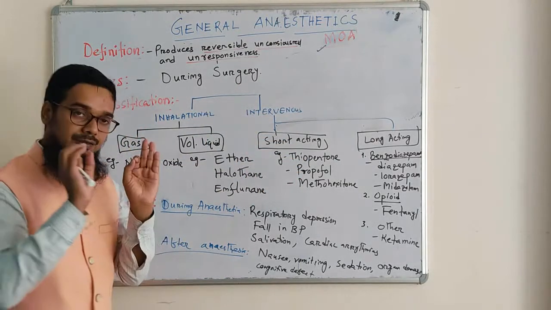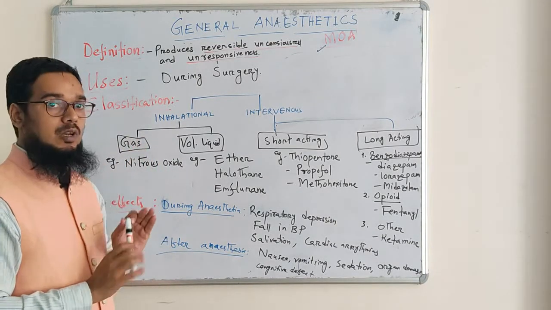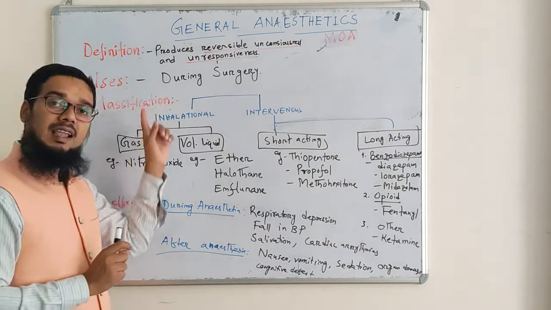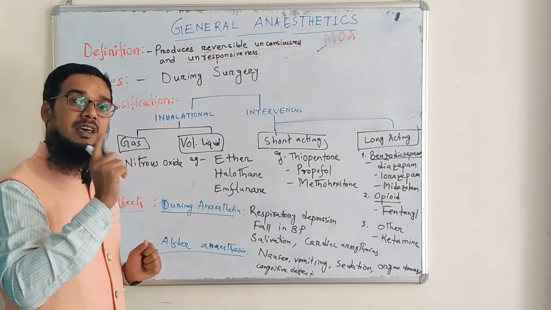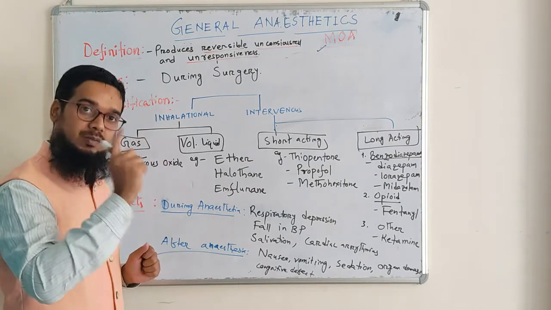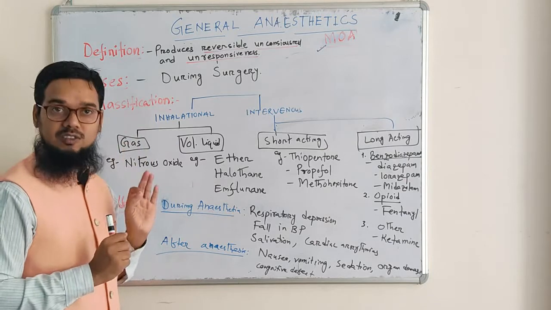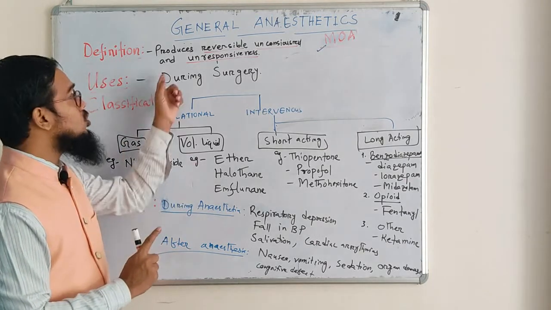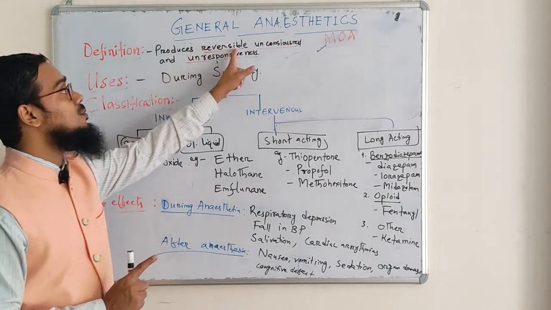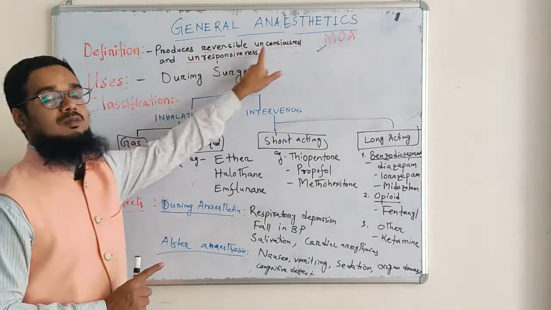So if we concisely define general anesthetics, we can say that general anesthetics are the agents or substances, or you can say compounds, which produce reversible unconsciousness and unresponsiveness in a person.